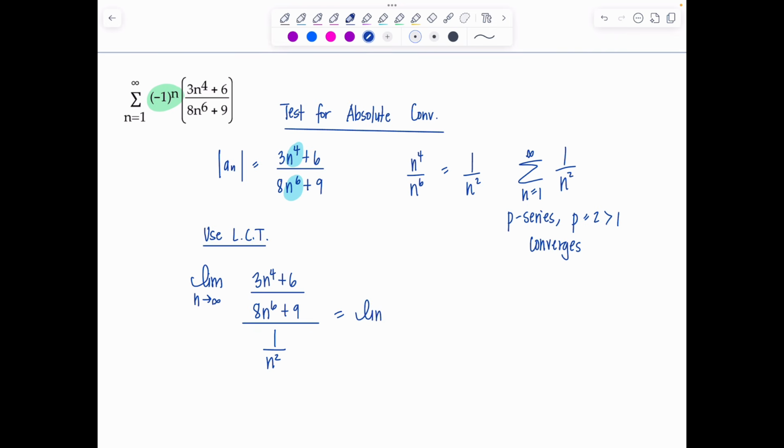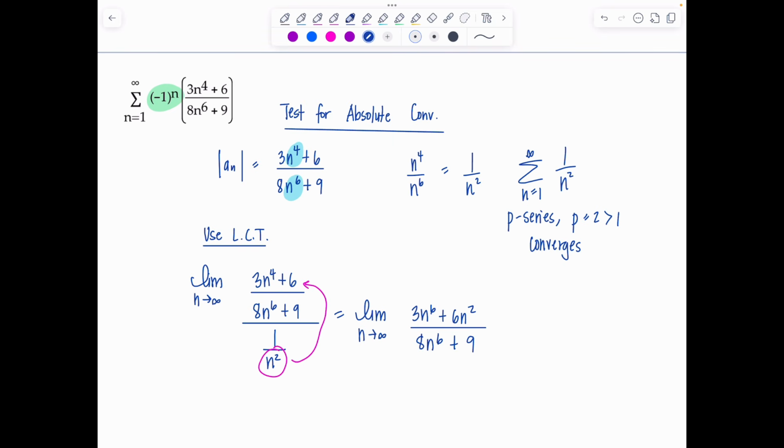So then this is the limit as n goes to infinity. This is going to flip up to the numerator. I'll distribute it through if you'll allow me. This will be (3n^6 + 6n^2)/(8n^6 + 9).